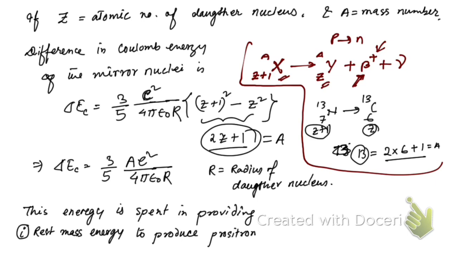And number 2, let me write on the other side, the kinetic energy of the positron, that means this beta positive particle.